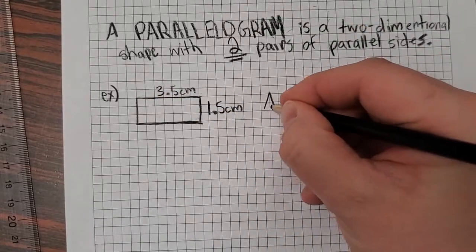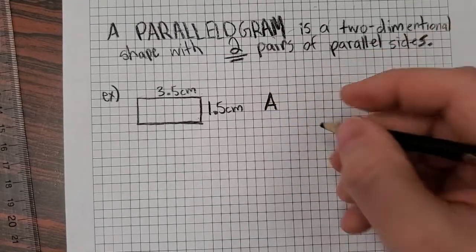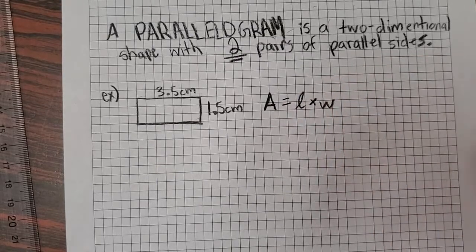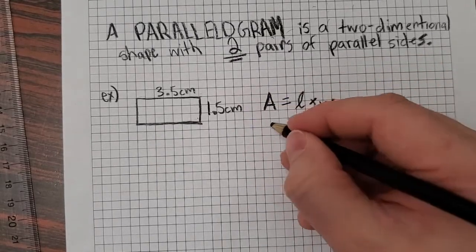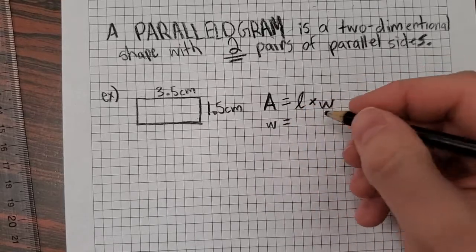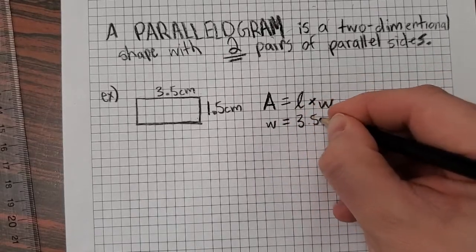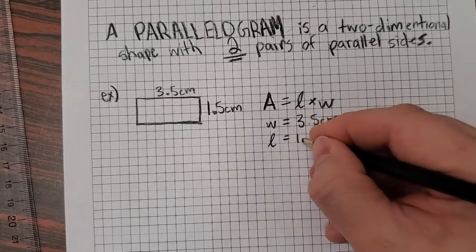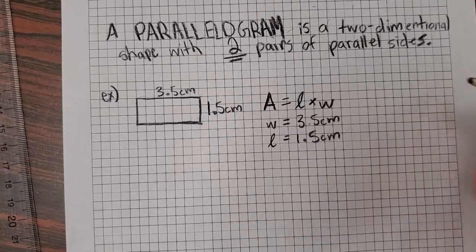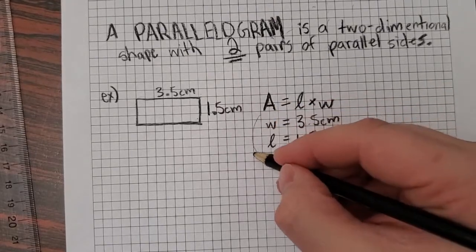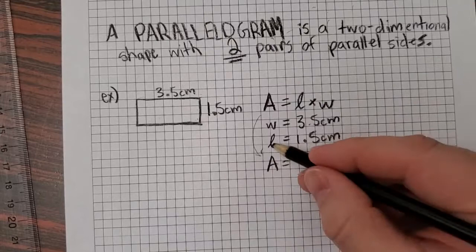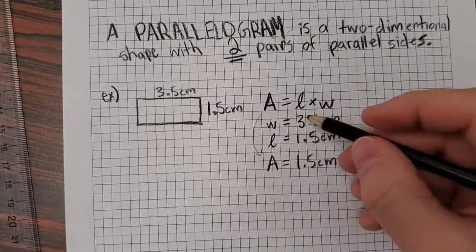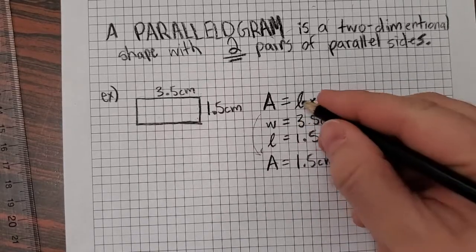And we probably have learned in the past that area of a rectangle is equal to the length times the width. Now, the width here happens to be 3.5 centimeters. The length happens to be 1.5 centimeters. So, to find the area equals this length, 1.5 centimeters, times our 3.5 centimeters, this width, length times width.